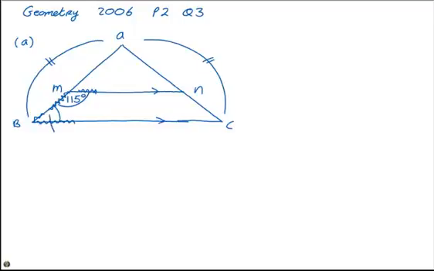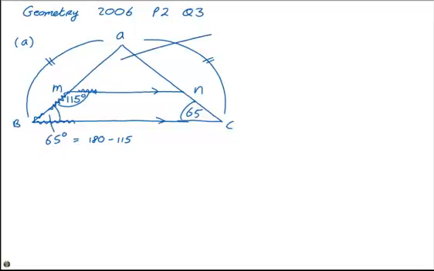So this angle in here needs to be 65 degrees. You can just write it like that. Now that you know what that angle is, you can automatically determine that this angle is 65 because it's an isosceles triangle, and that allows you to access the angle up at the top.